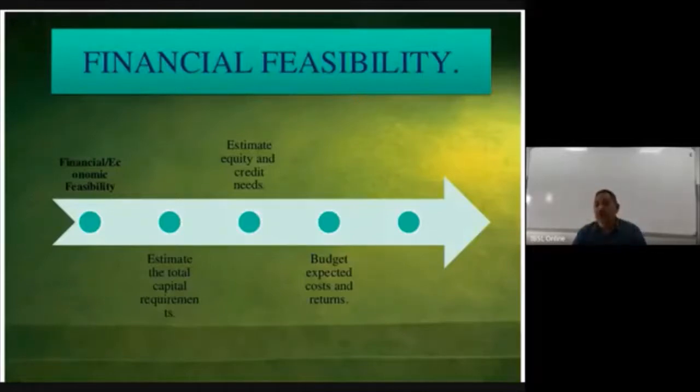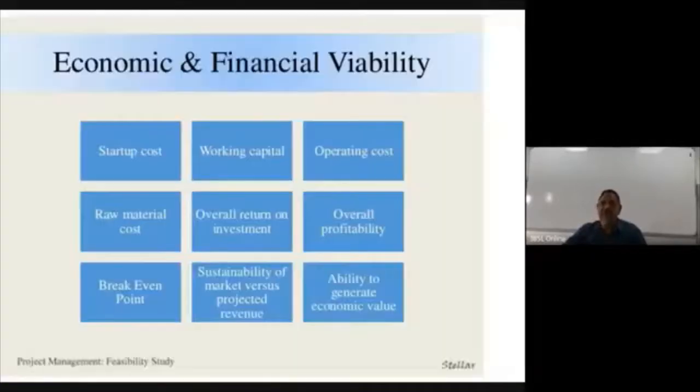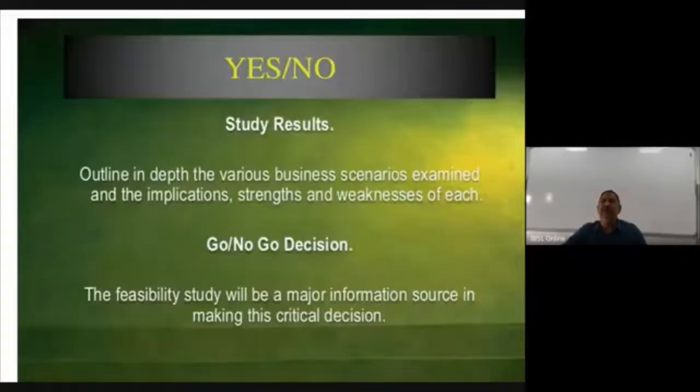And what is projected for the future? The projected cost and what's the return? In other words, how much you're going to spend, what is your return? You have to plan it and budget it for the future. Those are parts of the financial feasibility, which includes startup cost we discussed earlier. Same thing again, we have to touch on that.